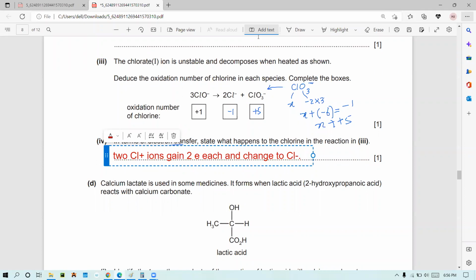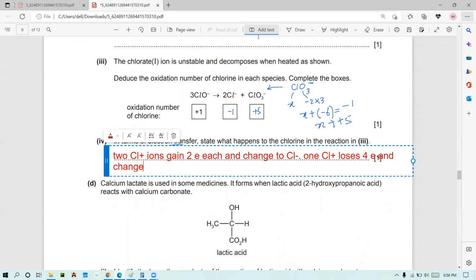And then 1 Cl plus loses 4 electrons and changes to Cl plus 5.